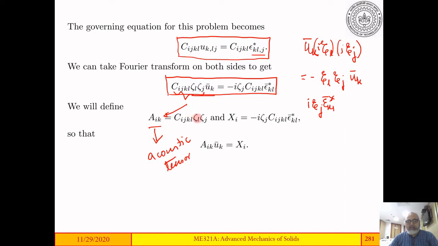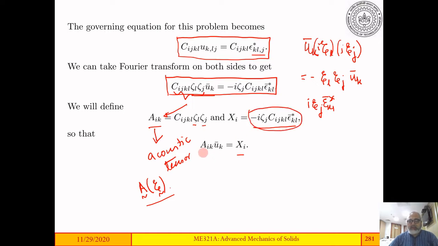and aik is dependent on zeta l and zeta j, so it's dependent on zetas. So this is a function of zeta, the Fourier variables, zeta 1, zeta 2, zeta 3. The right hand side, this whole thing, we will call it xi. So xi is equal to this whole quantity here.